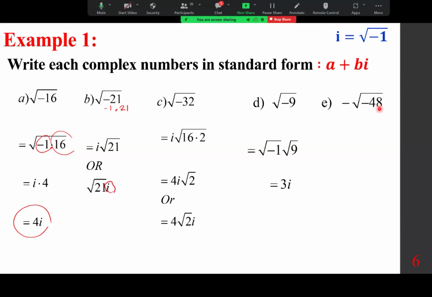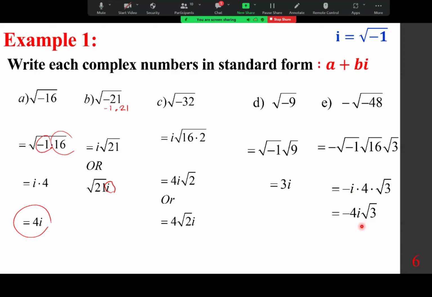And 48, you want to take out the largest perfect square. The largest perfect square is 16 because this is 16 times 3. So this negative remains. This changes to i. This changes to 4. Minus i 4 square root of 3, or you may put the i in between.